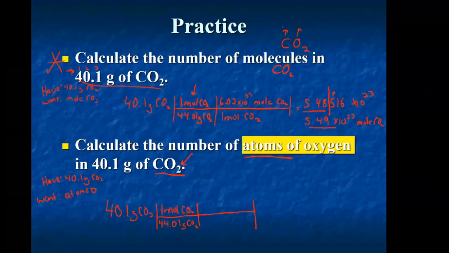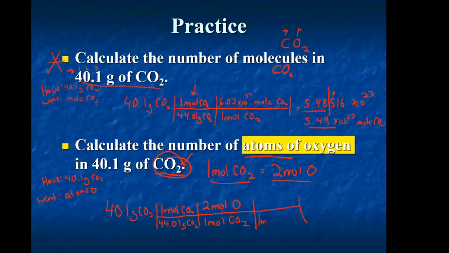Now here's where it's a bit different. The relationship between CO2 and oxygen is in 1 mole of CO2, there are 2 moles of oxygen, right? So we can use that as a conversion unit. Now we can do the exact same thing, go to our atoms.